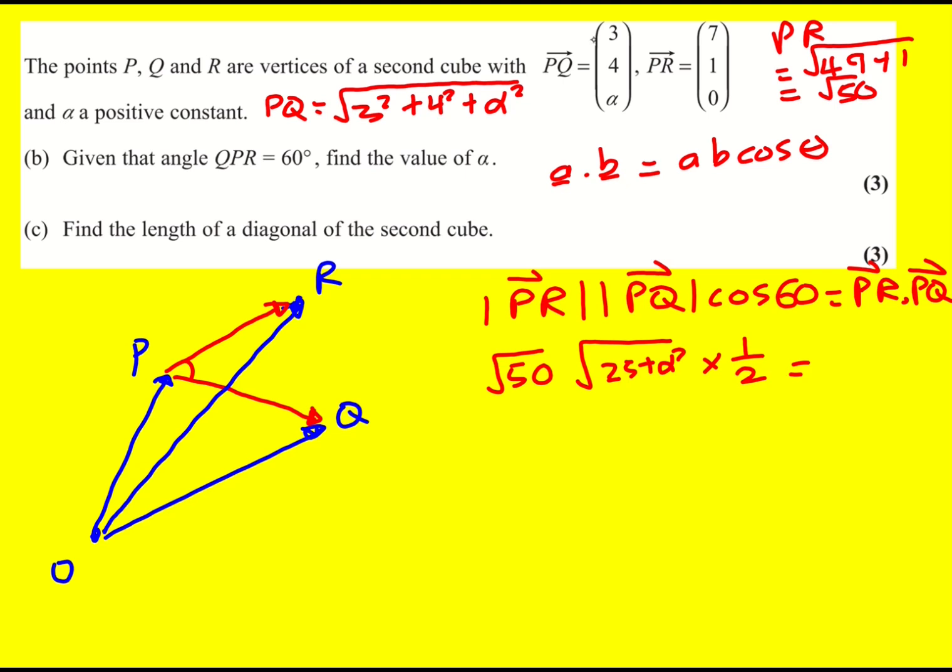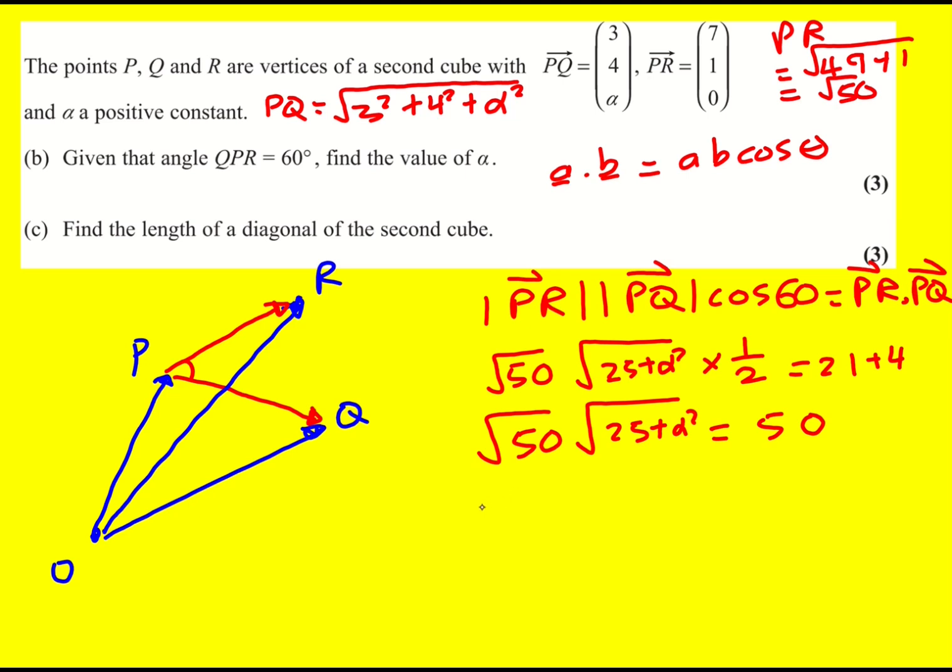Equals, and now we can do the dot product. So 3 times 7, 21, plus 4 times 1, 4, and then there is no alpha. So this is 25. Times by 2, we get root 50 times root of 25 plus alpha squared is equal to 50.